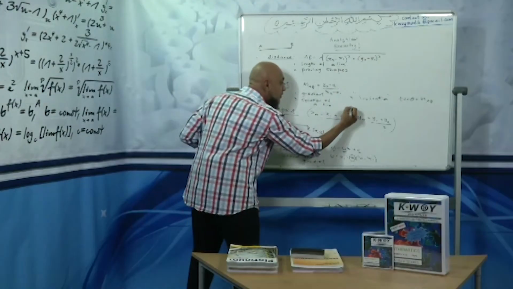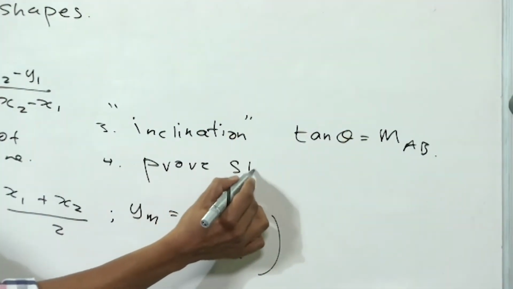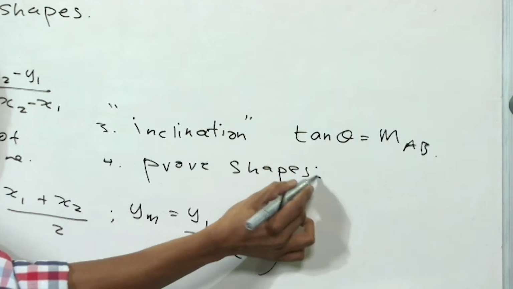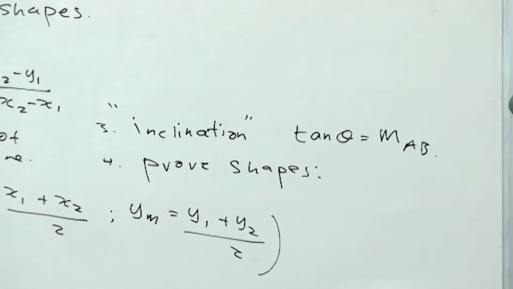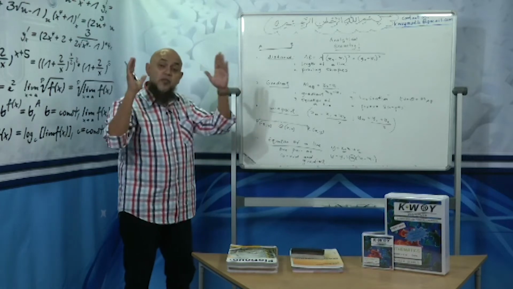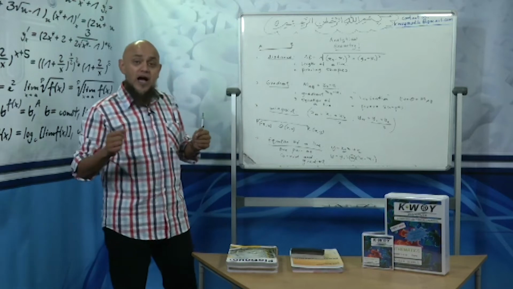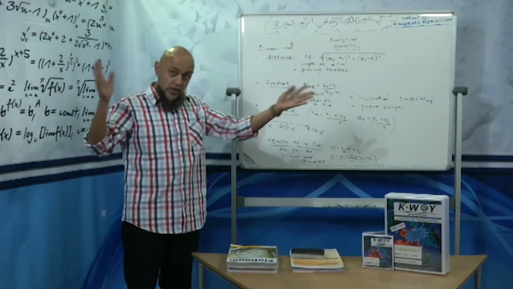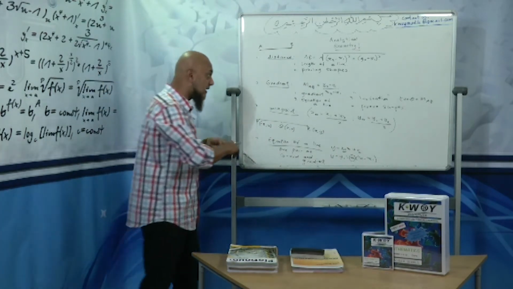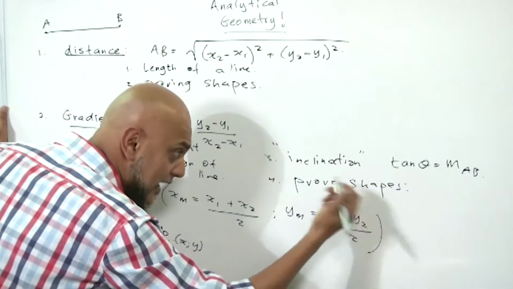Okay, and we also use it, scenario number 4, to prove shapes. How would you use the gradient formula in order to prove shapes, boys and girls? What do we know? We know that for parallel lines, if we need to prove a parallelogram, how do we prove a parallelogram? Opposite sides are parallel. How will you use the gradient of a line to prove it to be a parallelogram?